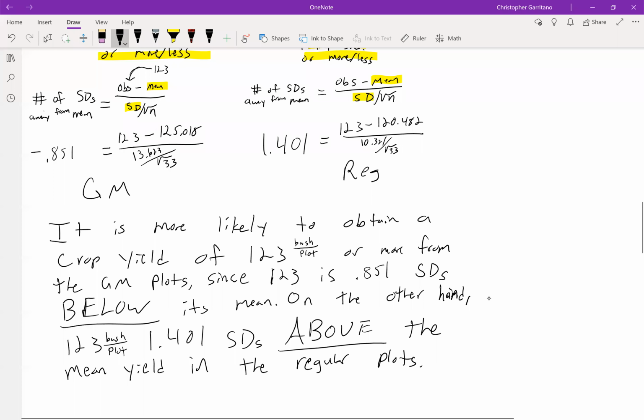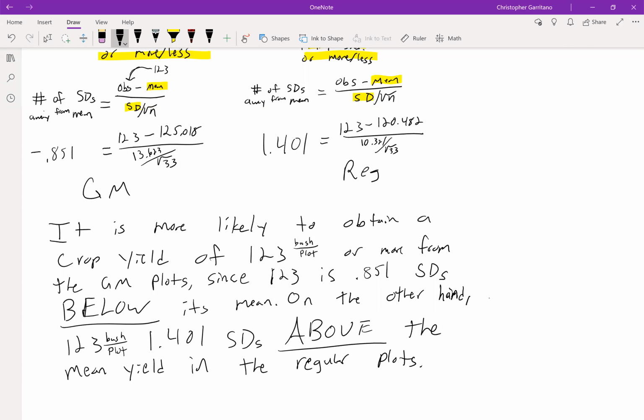Okay, and so after calculating these numbers for genetically modified, observing a sample mean of 123 bushels per plot, that observation would be 0.851 standard deviations below the mean of the population, or at least what we're estimating to be the mean of the population.